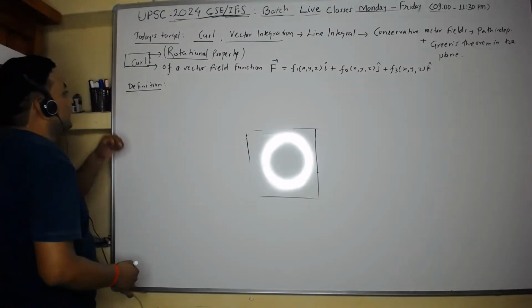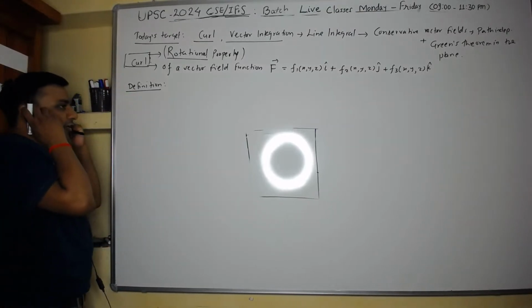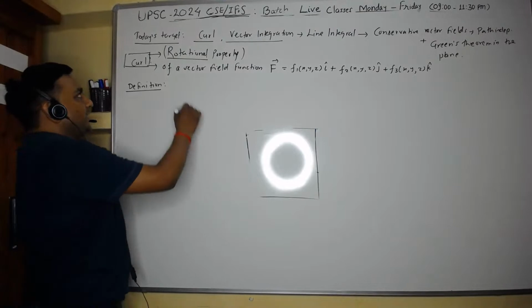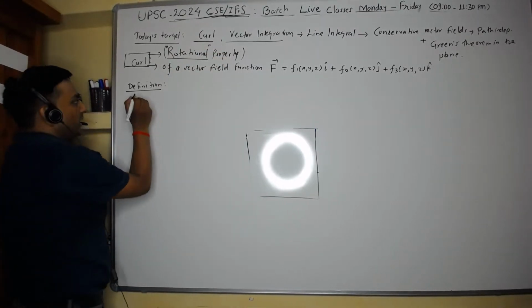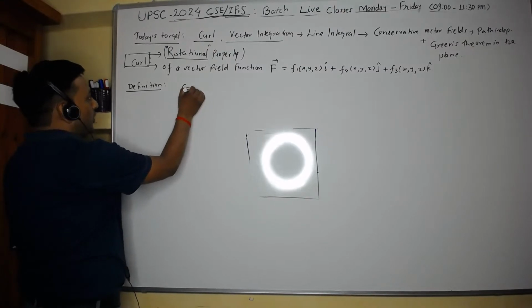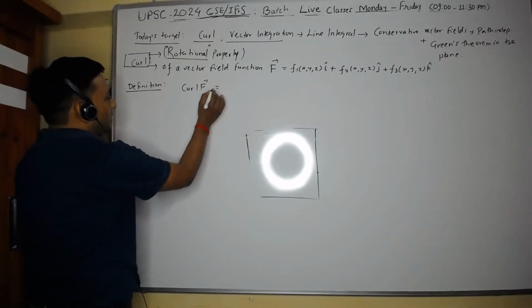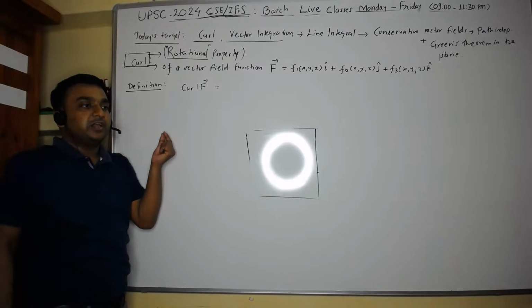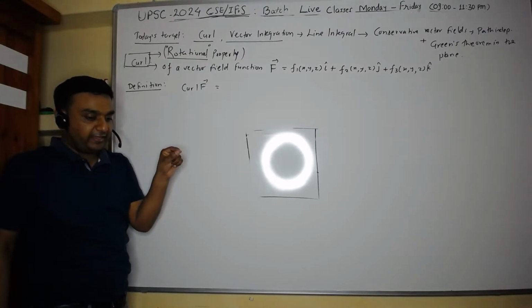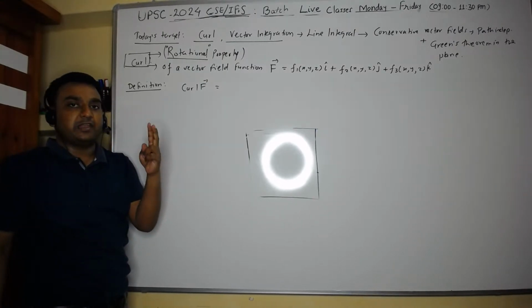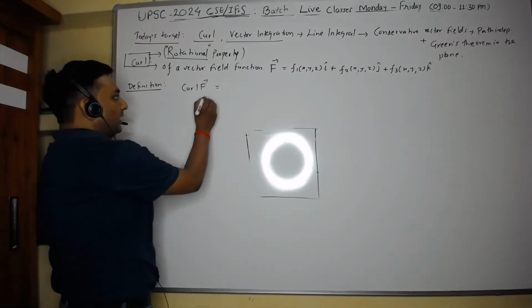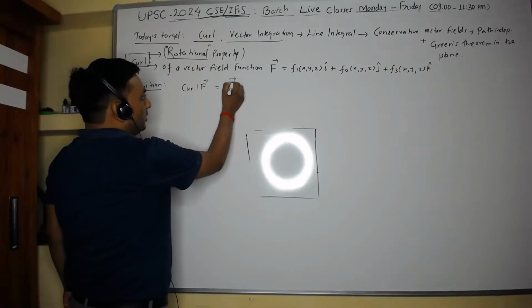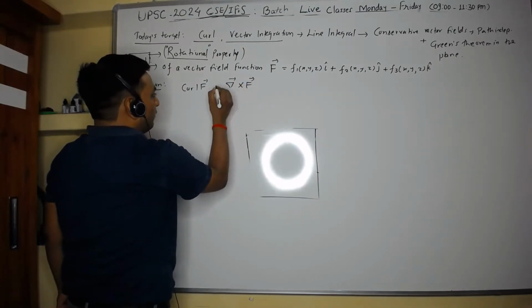Okay, fair. So when I talk about conservation, basically it comes with the property of rotation. Okay? And when you talk about what is curl of F vector, initially I discussed gradient of phi, which is of a scalar function. Divergence is of a vector. Similarly, I can define this for del cross F vector.